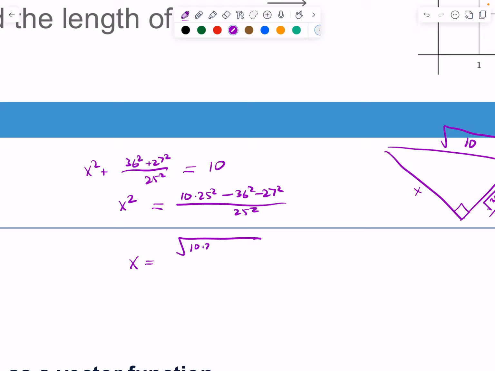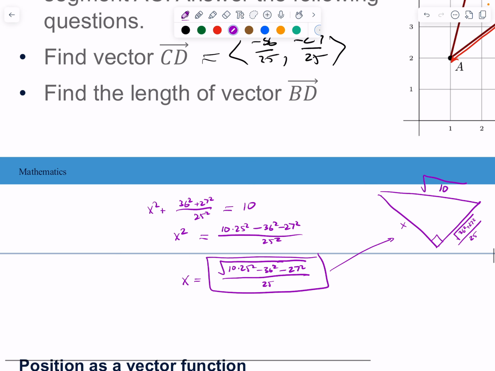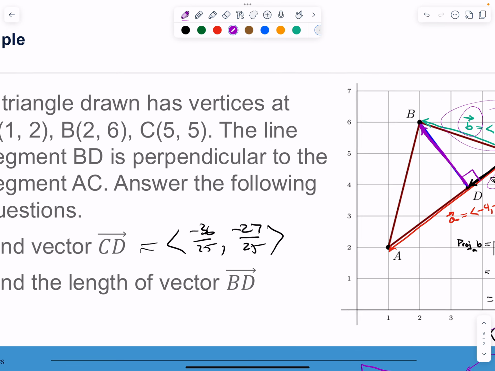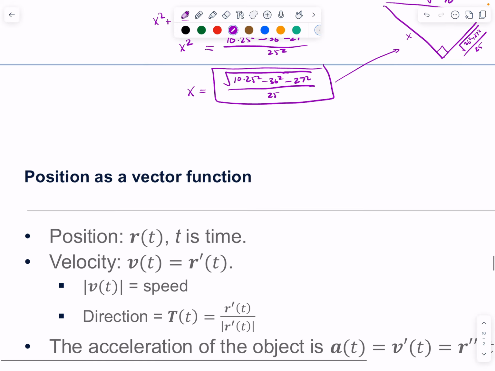So 10 times 25 squared, what's that, 625, 36 squared, and 27 squared, all over 25. I'm just going to leave it like that. So that's that length there. I guess when I made this up, I didn't realize it was quite this nasty. Okay.